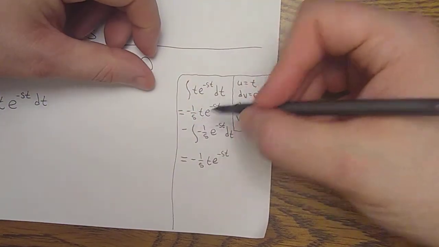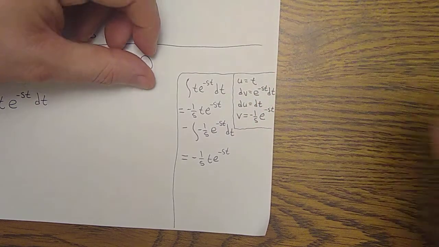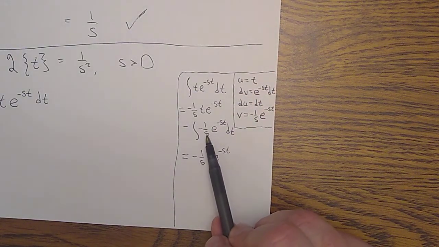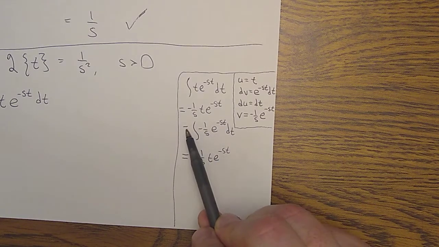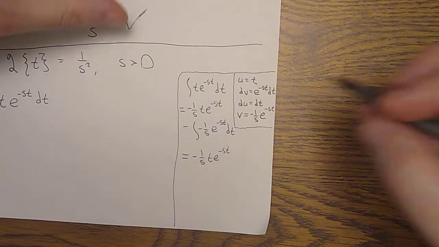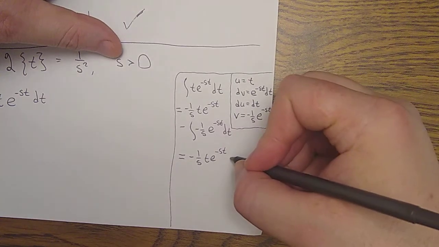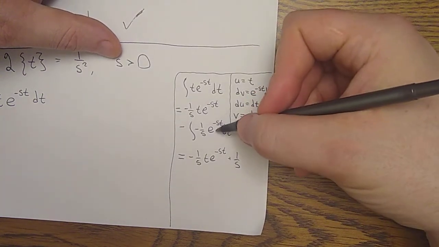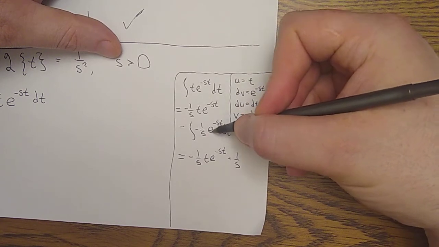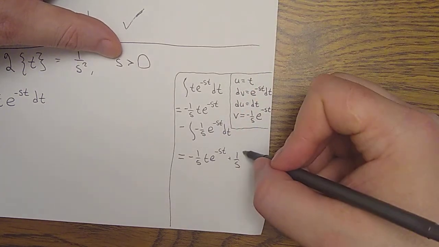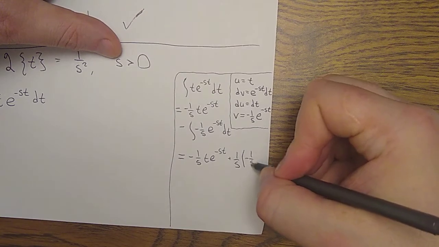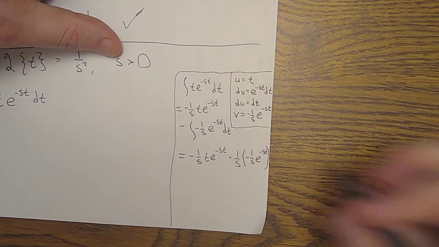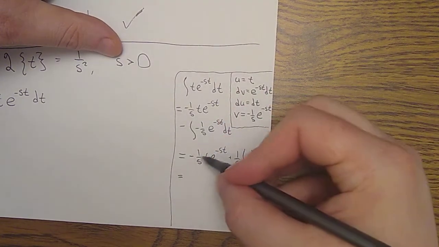And then I guess what can I do here? Keep in mind that the integrals are with respect to t, so as far as we're concerned, s is a constant, so this can come out. So we would have a plus 1 over s times the antiderivative of e to the negative st, which would again be negative 1 over s e to the negative st. So what do I get?